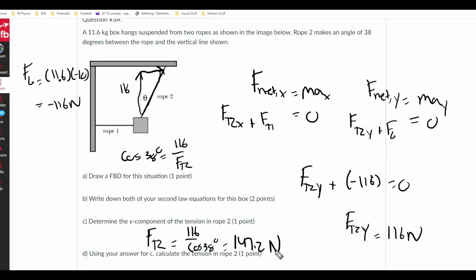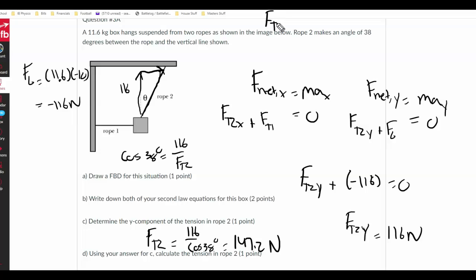And then E asks you to find the tension in rope number 1. Once you have Ft2, if you look up here at your second law equations, notice Ft1 is balanced out by Ft2x. Okay, so if I take this and I multiply by sine, I will get the x component of Ft2, and that will give me Ft1 as well.